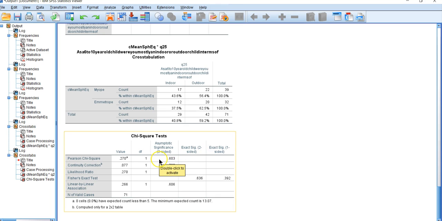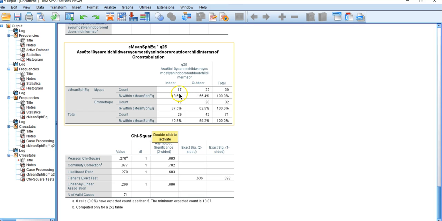Our chi-square value was not significant. We were not able to show in this example a significant association between myope, emmetrope, and indoor-outdoor activity.